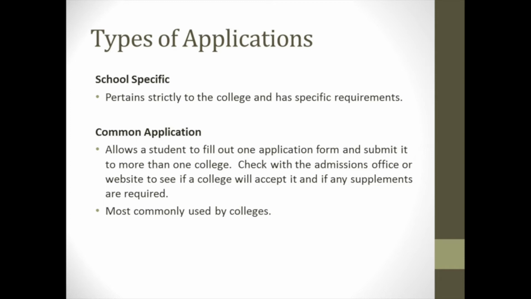A school that comes to mind for this type of school specific application would be Georgetown University in DC, and they are very, very specific in the types of questions that they ask, the information they need, and that is strictly for Georgetown. As a matter of fact, they do letters of recommendation, transcripts, all of those things need to go specifically through that portal.